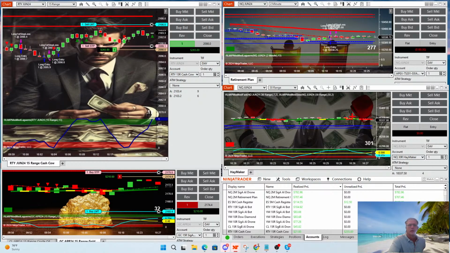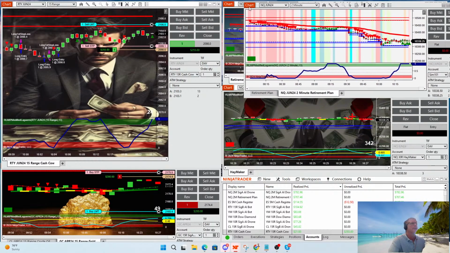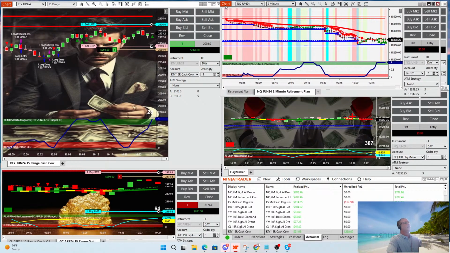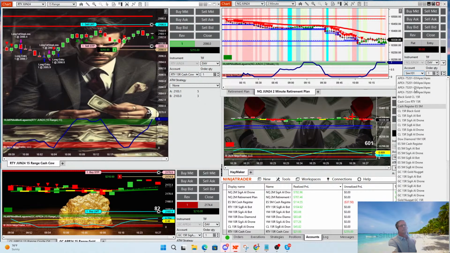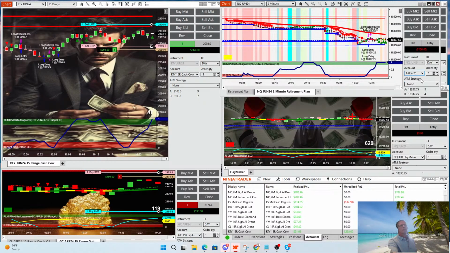You can see here on this 2-minute chart, my RSI line is pinned up. So if I get the short roll, it'll pop in. This strategy looks for the shift in momentum.